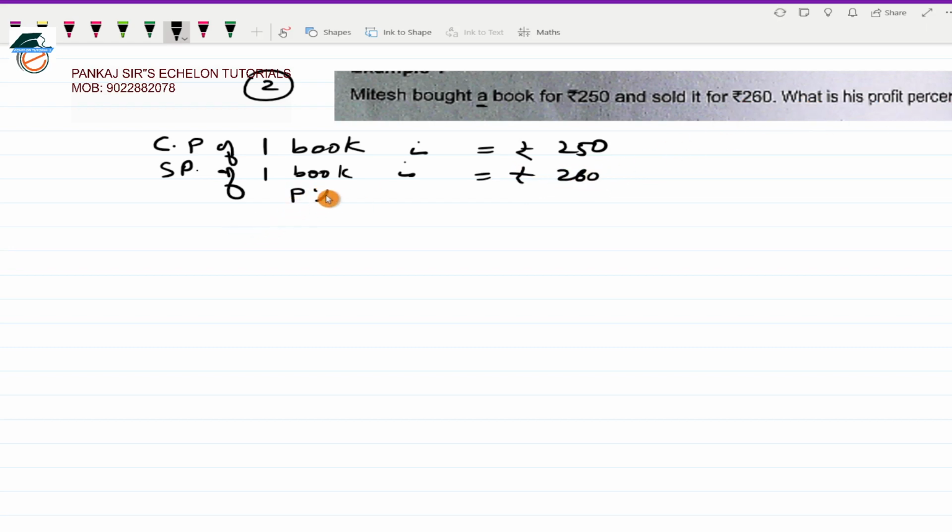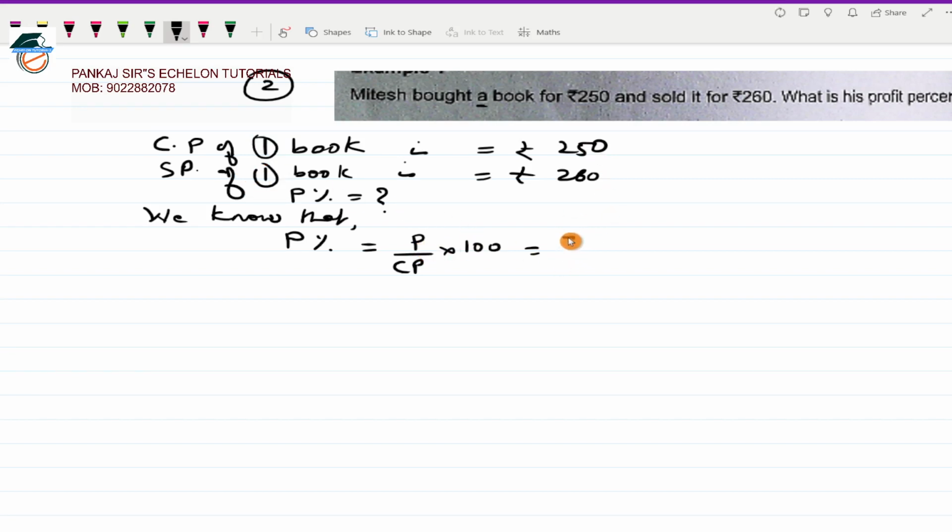So what is profit percent equal to? Question mark. So we know the formula. Which formula are we going to use? Formula for profit percent. Profit percent is equal to profit upon cost price into 100. Now, here in this case, since the number of books, cost price and the selling price of one book, same number of book is given, profit can be found out directly by selling price minus cost price upon cost price into 100.